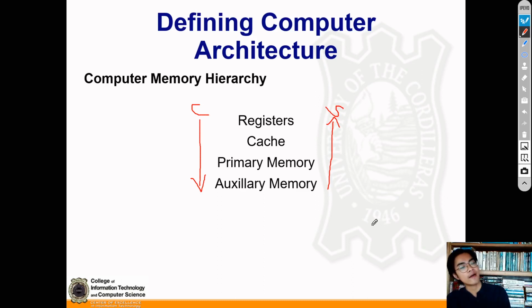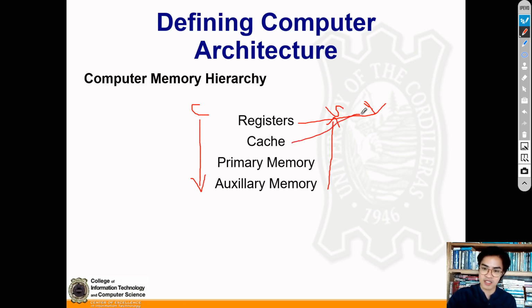And also we have volatility. When we say volatility in memory, it comes with how much the value or data is changed in those storage spaces. Registers are volatile because they change. Values in registers constantly change.